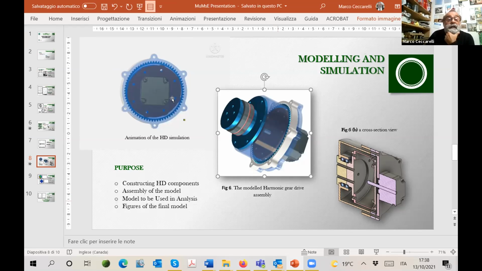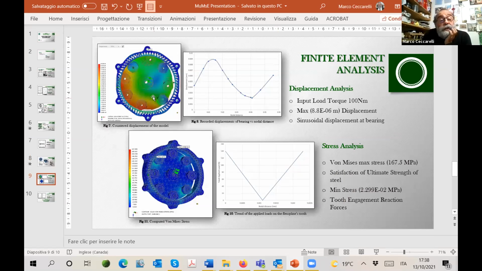And he analyzed this aspect by looking at stress analysis with finite element analysis, in which he could check the efficiency of the mechanical structure, as reported in the plots in figure 7 and figure 11, related to the level of stress within the flexible spline and the wave generator, and also the life of the system, by using two measures of stress evaluation, including von Mises stress analysis.